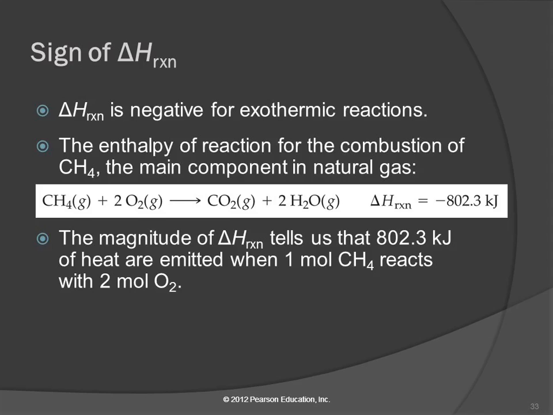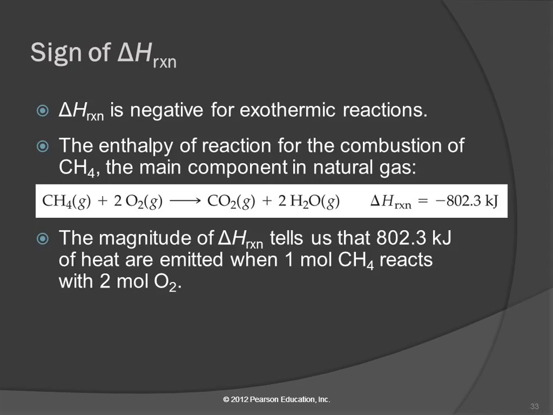If we look at the enthalpy of reaction for the combustion of methane, which is CH4, natural gas, here's the balanced chemical equation, and here is a new thing over on the side. The heat of reaction is negative 802.3 kilojoules. We can look at that sign and say that's an exothermic reaction.